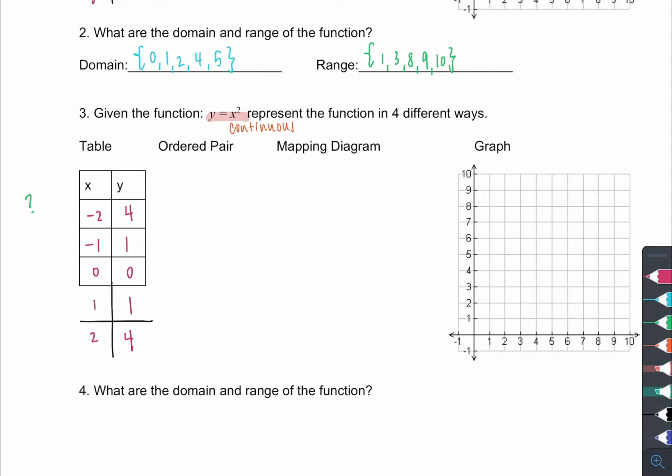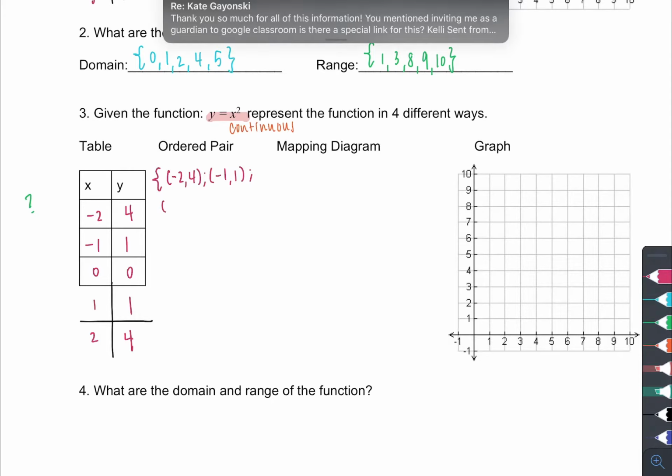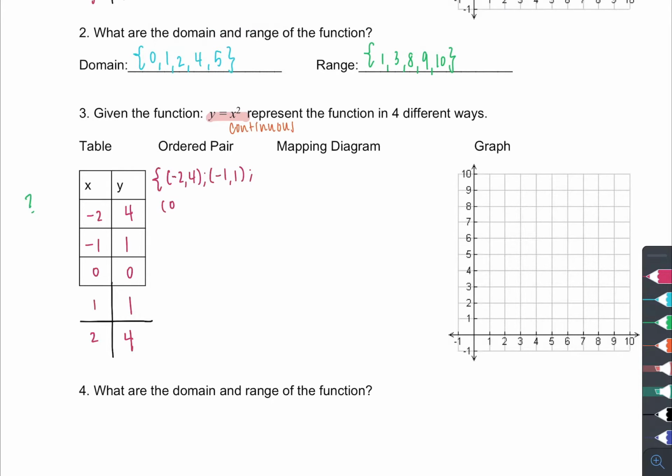All right, let's go ahead and list these ordered pairs. So we've got our curly brackets, -2, 4, -1, 1, 0, 0, 1, 1, and 2, 4. Ooh, I forgot my parentheses.